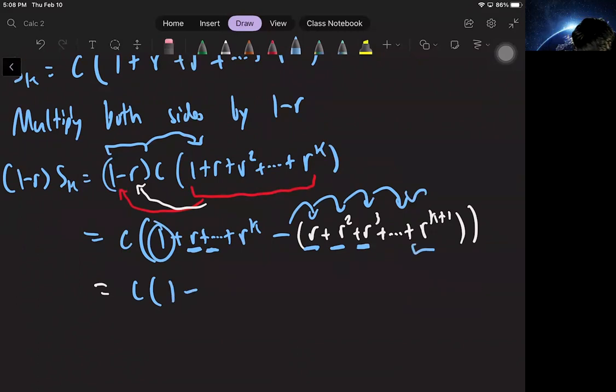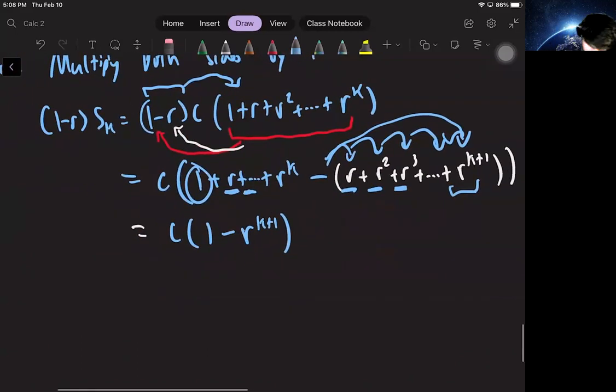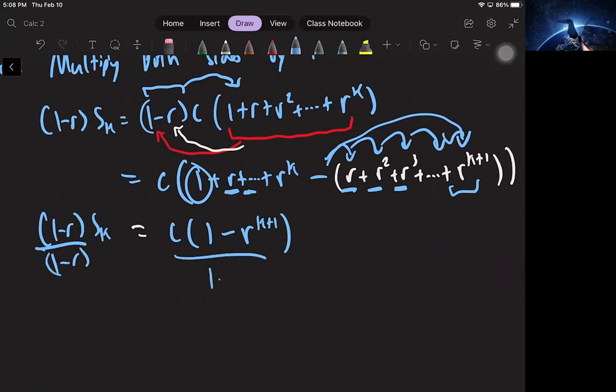And this extra r to the k plus 1 doesn't have anyone to cancel with, but it still has this minus. So it's minus r to the k plus 1. So that's what the right side turns into. On the left side, we still have this, didn't do anything. And then we're just going to divide by 1 minus r on both sides to simplify and solve for Sk. So now we have a nice little formula for Sk.